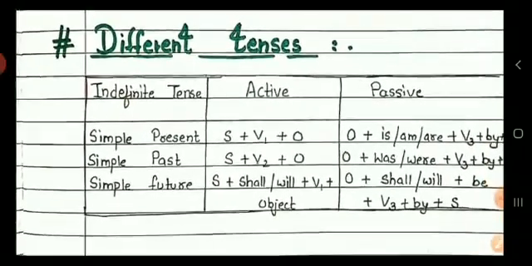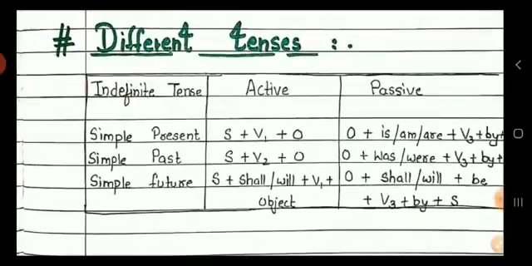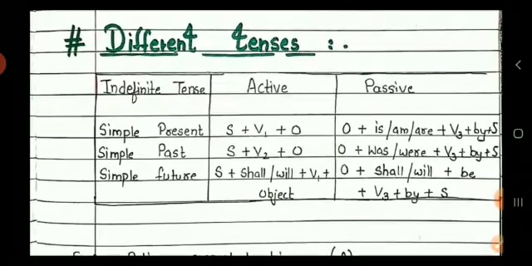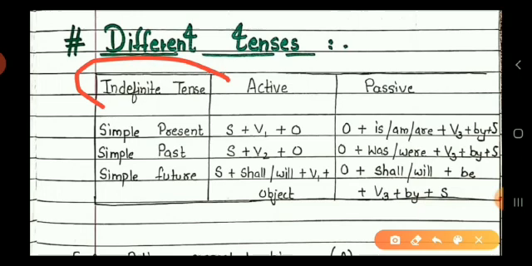Now, different tenses. Indefinite tense: simple present, simple past, simple future. So these are indefinite tenses of all three parts, present, past and future. So how will you recognize them? In active voice, simple present tense, we will recognize by the first form of the verb.